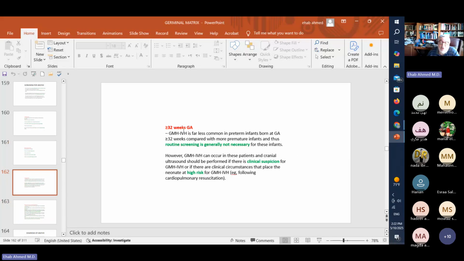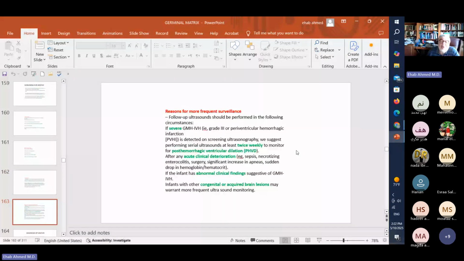Above 32 weeks, you don't need to do it unless there is something very suspicious. Sometimes you need to do more frequent surveillance if the baby has severe IVH. If the baby is very sick, you might do it earlier or more frequently. Okay, or if there is post-hemorrhagic ventricular dilatation or hydrocephalus.